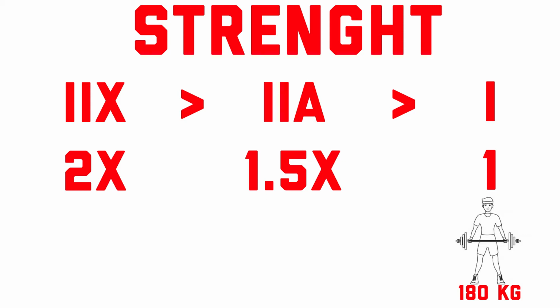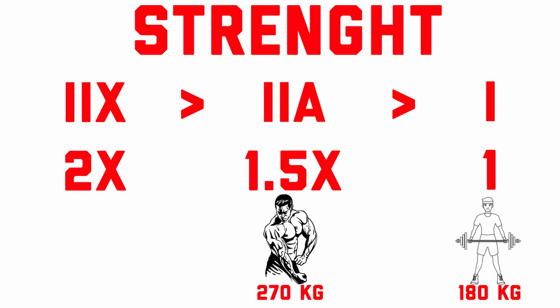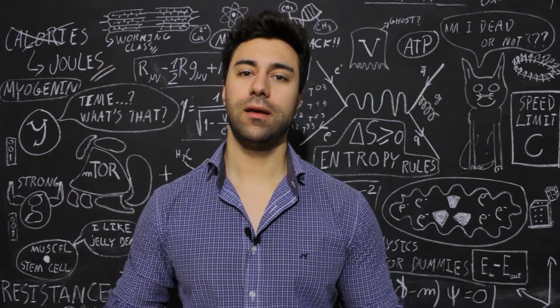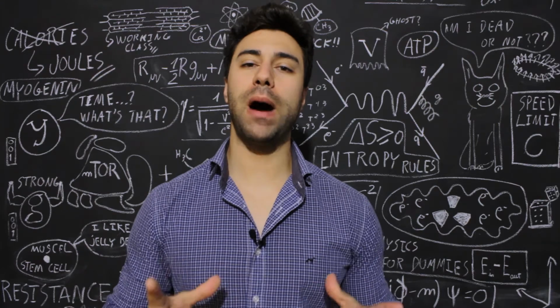The second bro is the type 2A muscle fiber, and he can squat 270 kilograms. And the last bro is the strongest bro, the type 2X muscle fiber, and he can squat 360 kilograms. Thirdly, we move on to power.